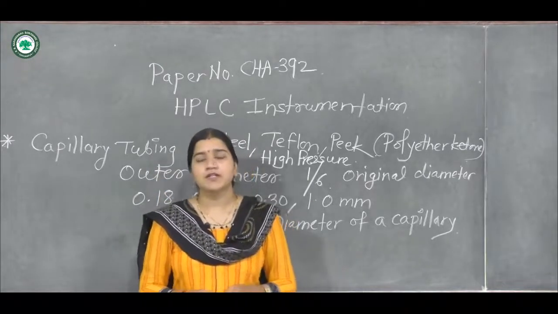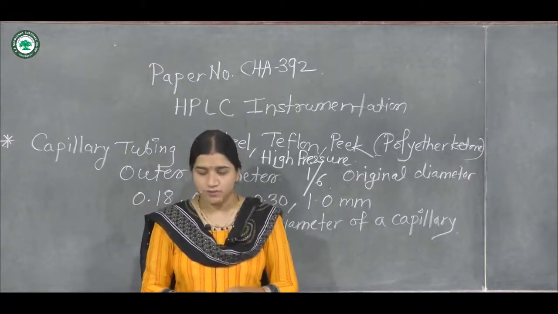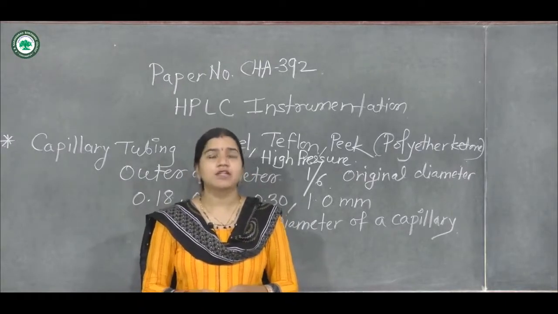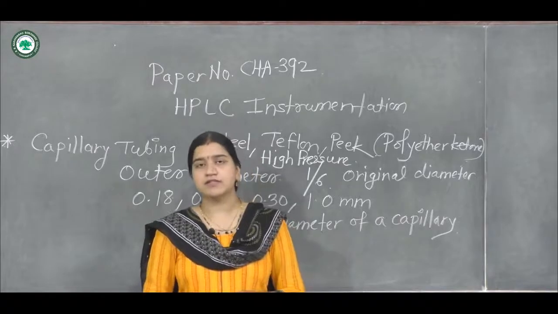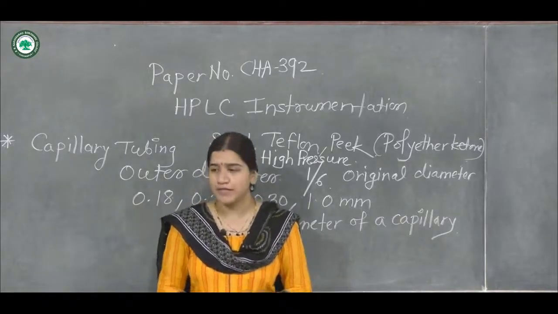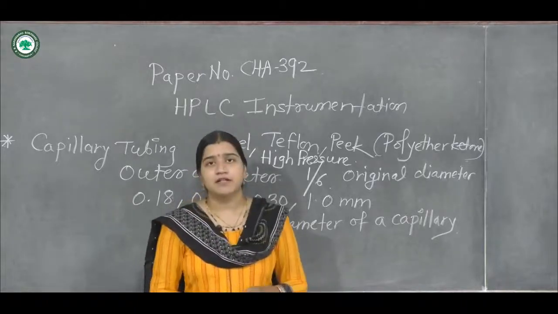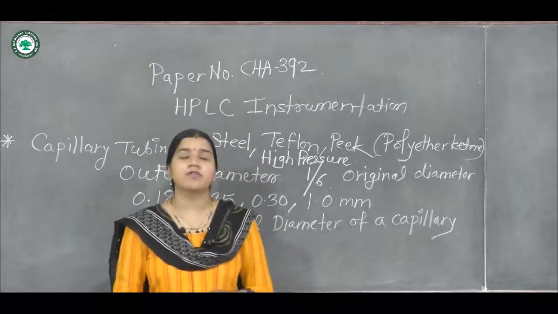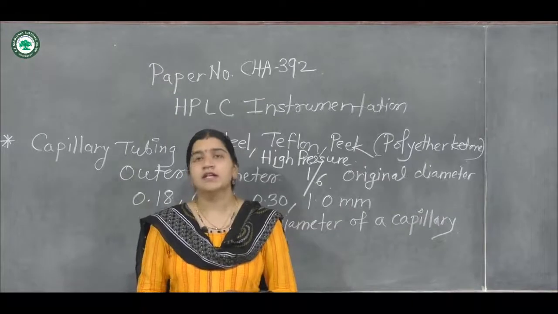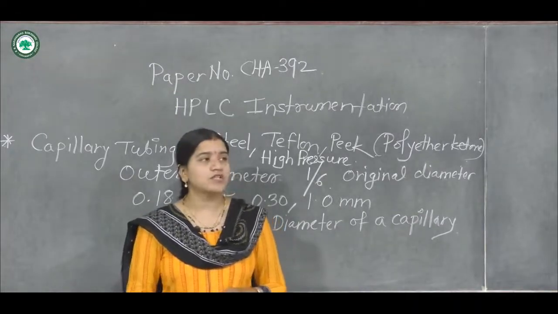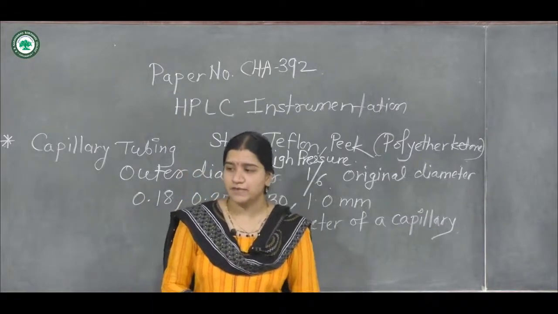So capillary tubing is the most important thing, and for that one can choose between either steel or Teflon or PEEK. Now coming to the internal diameter, the internal diameter of the capillary is 1/6 of the external diameter.